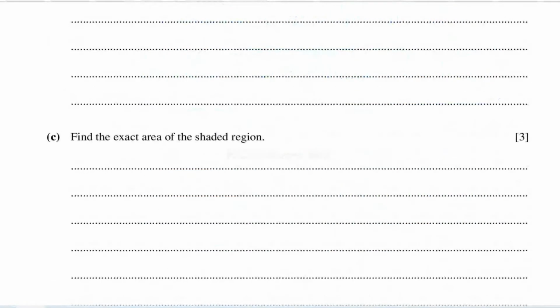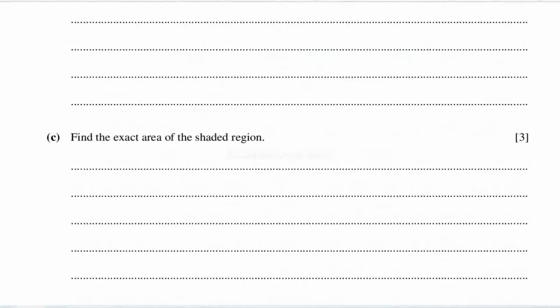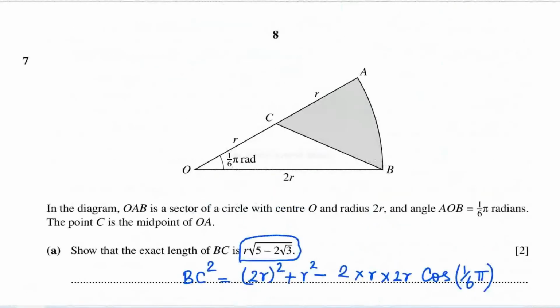Next part of the question is find the exact area of the shaded region. Area of the shaded region is nothing but area of the sector minus area of the triangle.